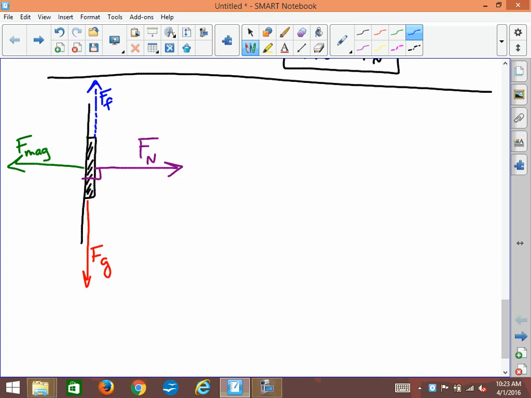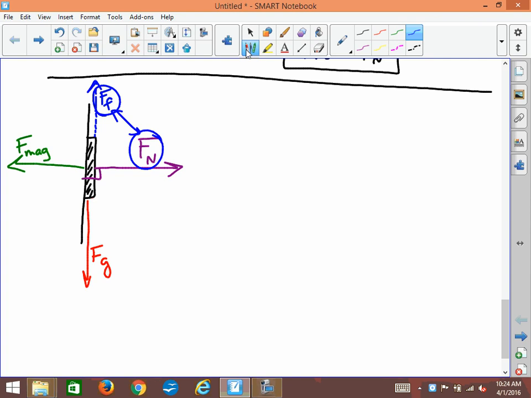So the force of friction is coming next. And of course the force of friction is going to be very closely related to the normal force, and we're going to see how that all works. But for now, I just want you to realize that a normal force can also be sideways.